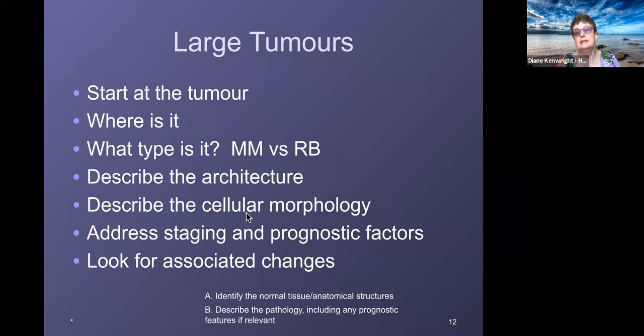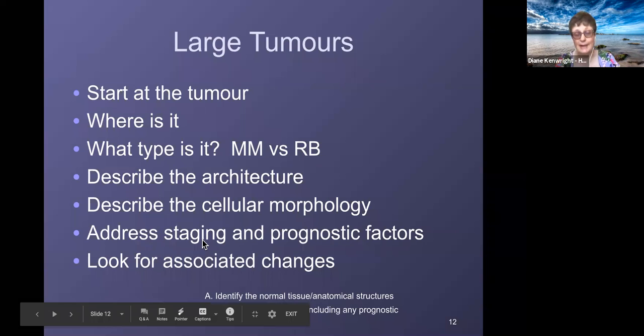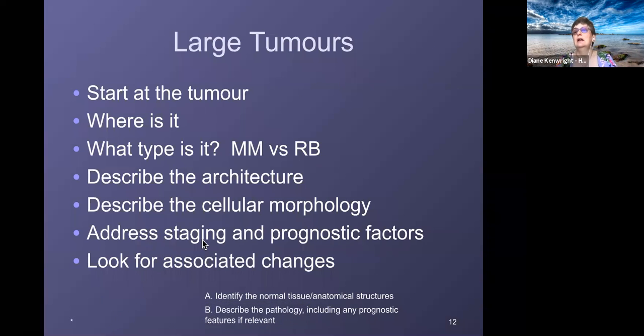And then we usually describe the cellular morphology. That's where we talk about whether or not there's hyperchromatism, pleomorphism, what the cytoplasm looks like, whether there's pigment, whether there's numerous mitoses, the actual cells themselves. After that, we talk about staging and prognostic factors. That means you have to have a good idea of what the staging and prognostic factors are.